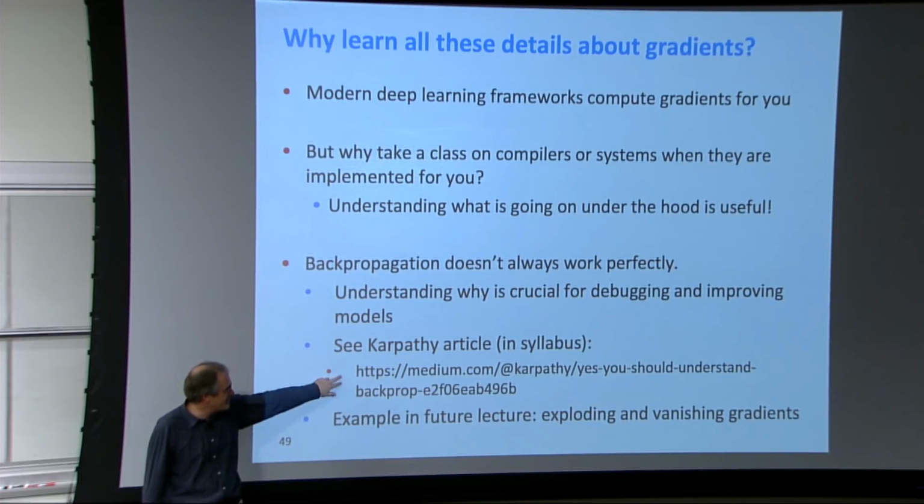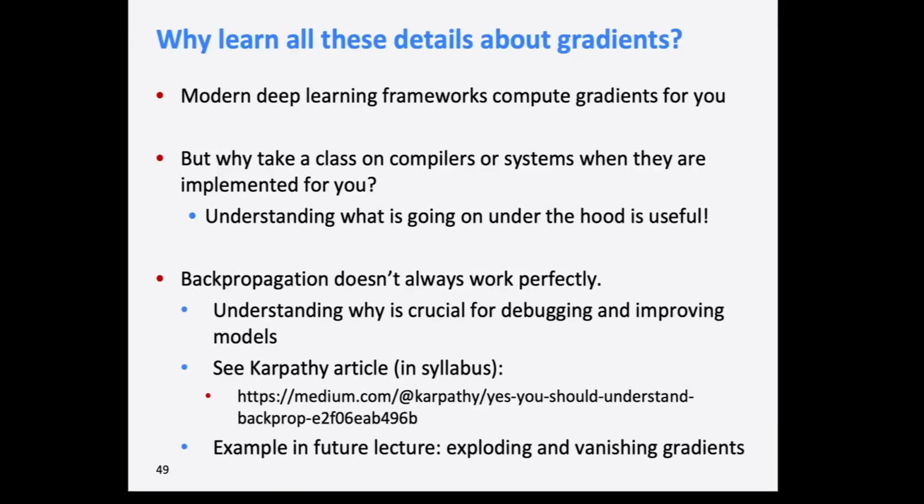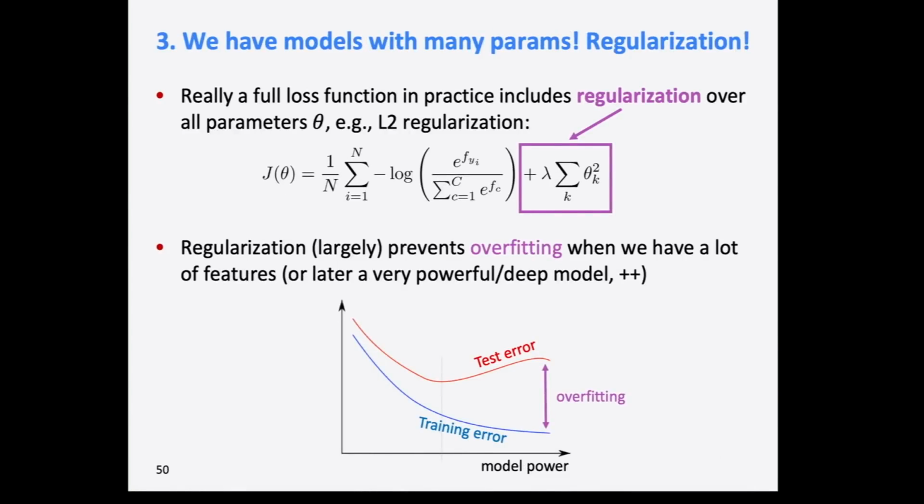There's a nice Medium piece by Andrej Karpathy, "Yes, you should understand backprop", on the syllabus page that talks about this. And indeed, week after next, Abby is going to lecture about recurrent neural networks, and one of the places where you can easily fail in doing backpropagation turns up there, as a good example.